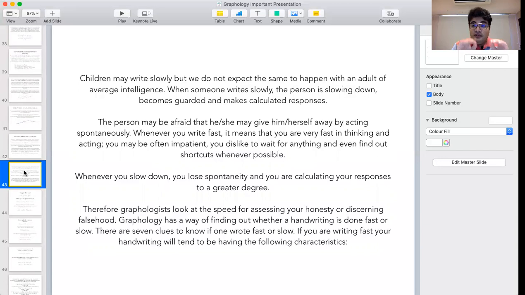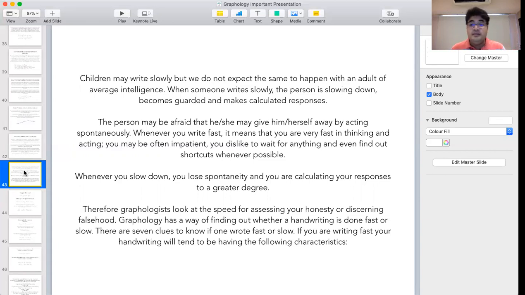But when someone is going slow, the person is becoming more aware, more guarded, taking more calculated responses. This person may be afraid that he or she may give themselves away by acting spontaneously.